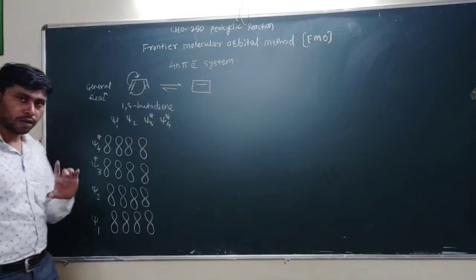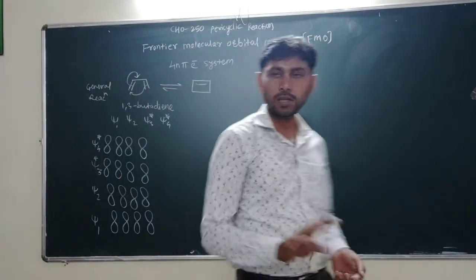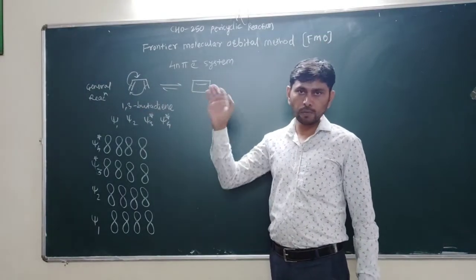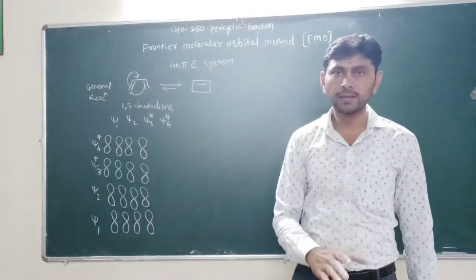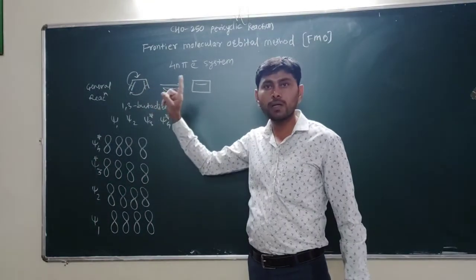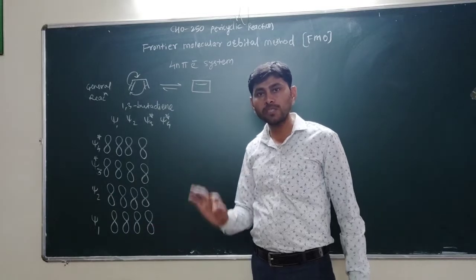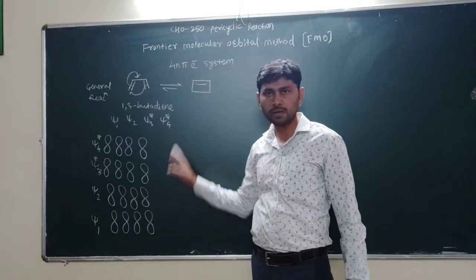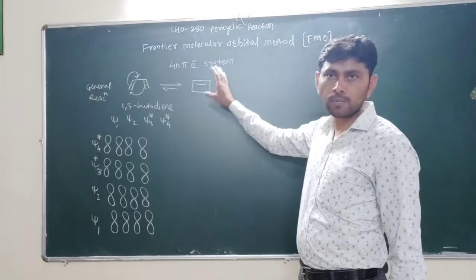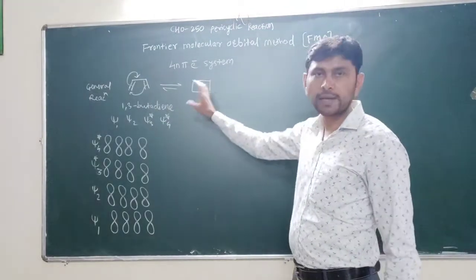In the correlation diagram we need to draw both reactant and product orbitals. But the FMO method is simpler than the correlation diagram, because here we have to draw only the molecular orbitals of the open chain partner. No need to draw the orbitals of the product, the closed chain or cyclic product.